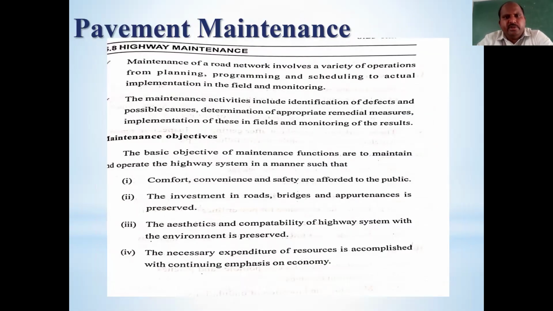Next one is pavement maintenance. In pavement maintenance, we are using highway maintenance based on the objectives. What are the objectives of maintenance? The basic objectives of the maintenance functions are to maintain the operated highway systems in a manner such that comfort, convenience, and safety are afforded to the public, and the investment in roads, bridges, and appearance is preserved, and also the aesthetics and the compatibility of the highway system with the environment are preserved.